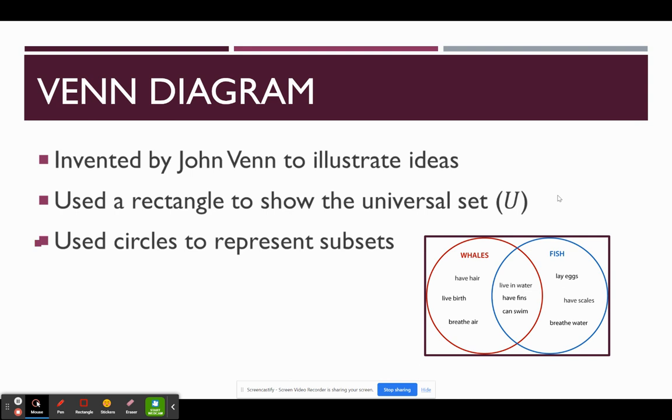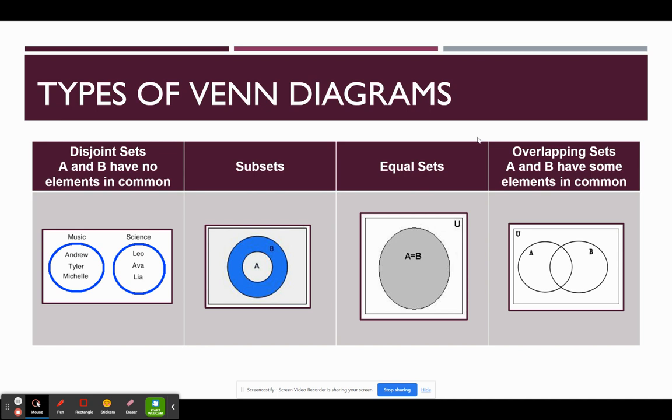So that's how you use a Venn diagram. And in the homework, you're going to see a couple more of these coming up. We have to continue talking about the different types of Venn diagrams. The leftmost one here is what's called disjointed. There's no overlap going on here. The second one over, we call subsets.